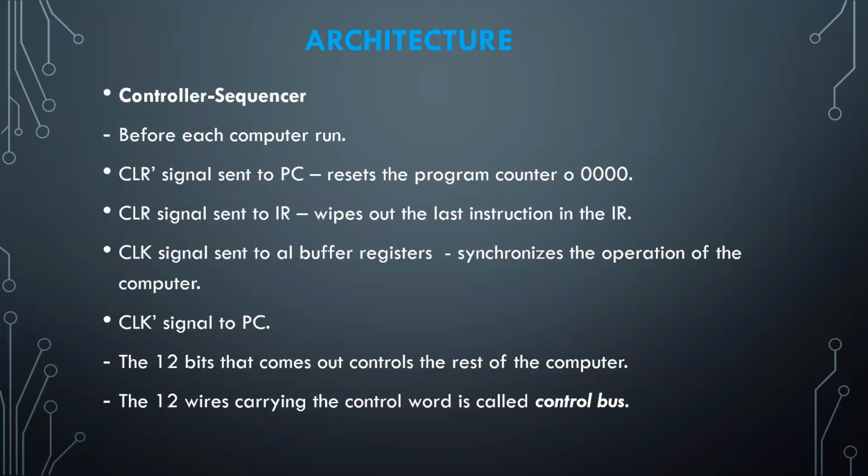In the controller sequencer, before each computer run, the CLR signal sent to PC resets the program counter to 0000. The CLR signal sent to IR wipes out the last instruction in the IR.